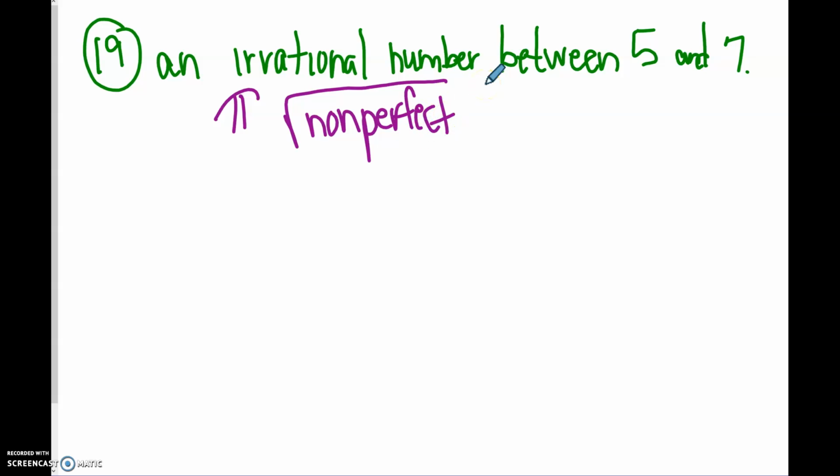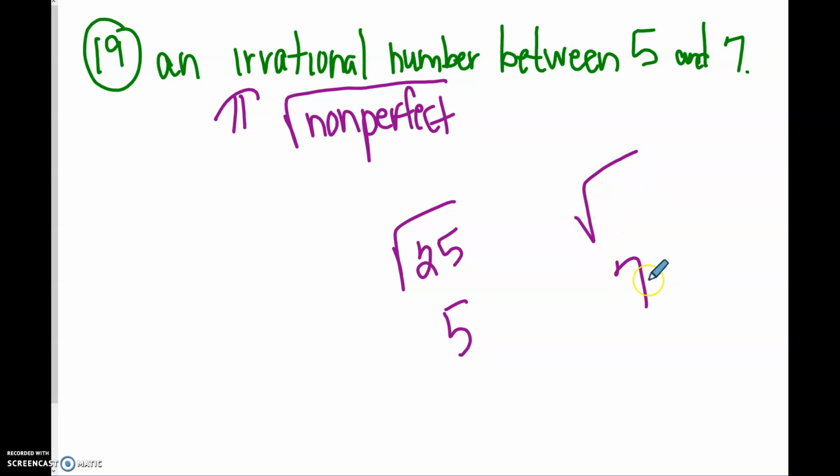So, what is the square root of 25? The square root of 25 actually gives you the whole number of 5. And what perfect square can we take the square root of to give us 7? Well, we can take 49. So they want you to find any irrational number between 5 and 7.